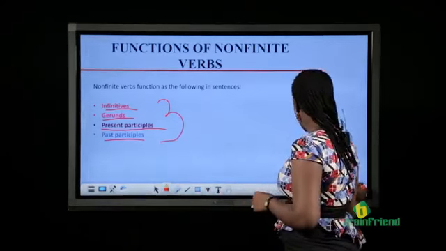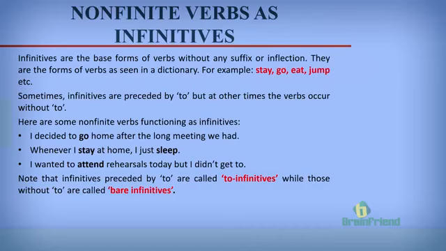Now let's look at them one after the other. Non-finite verbs as infinitives. What are infinitives? Infinitives are the base forms of verbs without any suffix or inflection. What that means is that infinitives simply represent the verb as it is, the way you find it in your dictionary, without extra letters in front or at the back.